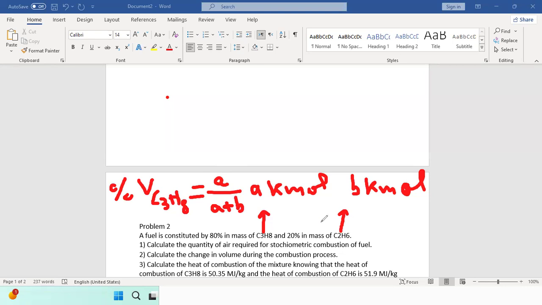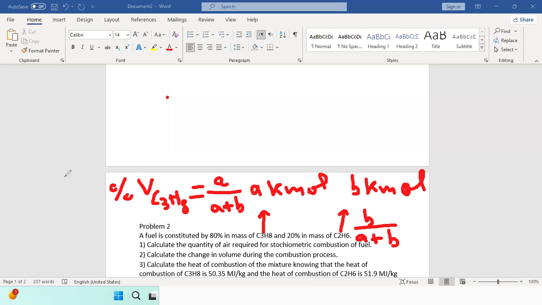And because I just have two fuels here, two chemical components mixed together, I can deduce that for C2H6, the percentage is 100 minus the percentage of C3H8, okay? Or I can calculate it as B over A plus B. So whenever you have the number of kilomoles of each of your constituents or reactives, you can deduce the percentage in volume. And you can do this easily here because you have the percentage in mass.